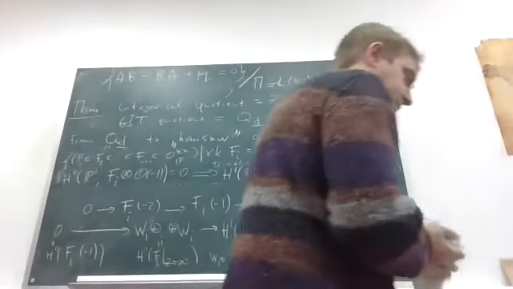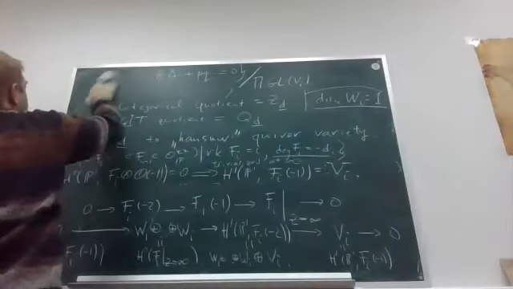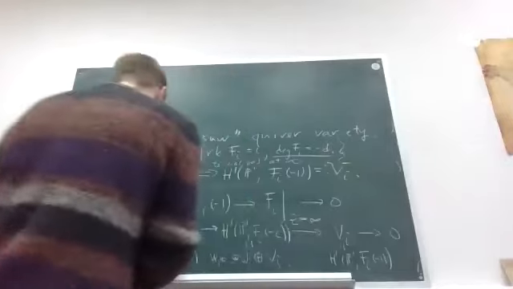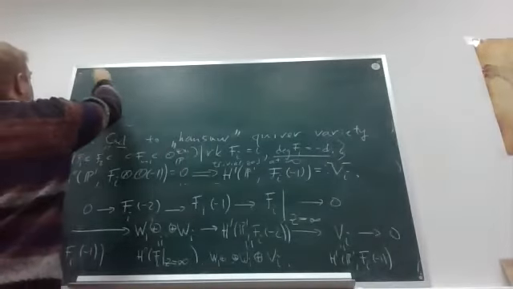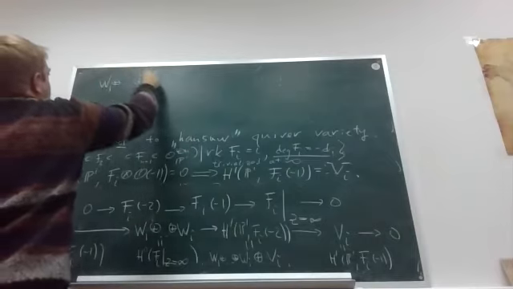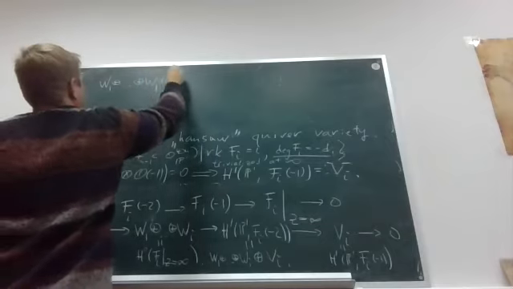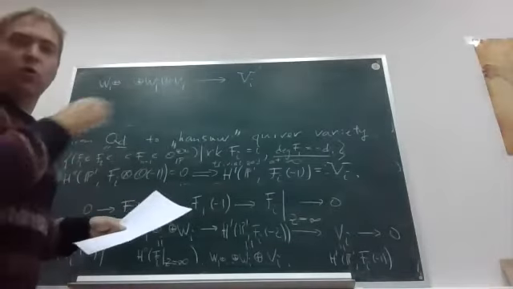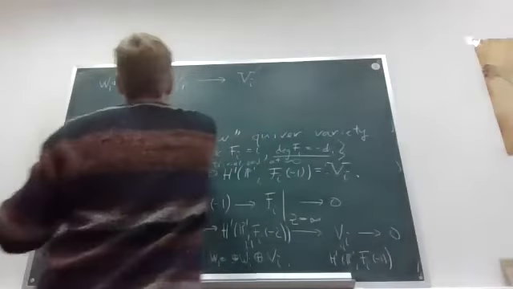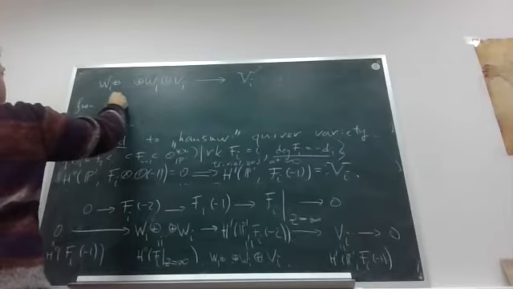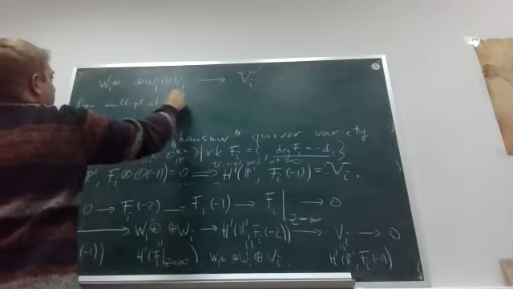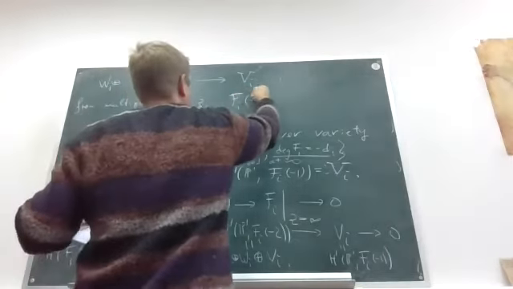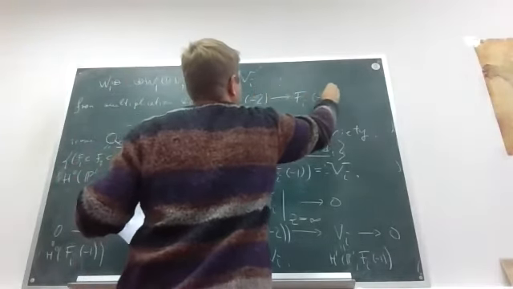Now next, I have a map from W1 plus and so on plus Wi plus di to di, coming from multiplication by the coordinate Z, multiplication from Fi of -2 to Fi of -1.